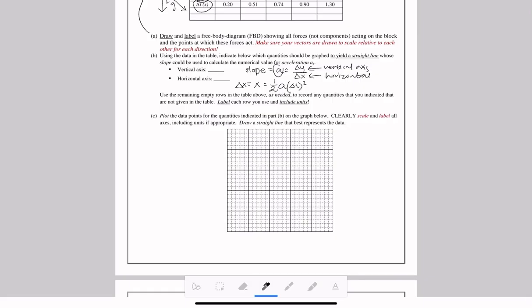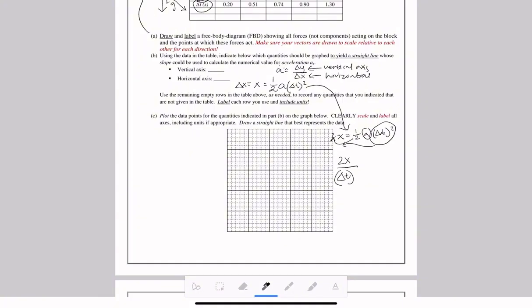Now we want to solve for A. I'm actually going to write it down here because there's more space. x equals 1/2 A delta t squared. I'm going to isolate for A, so I'm going to multiply the 2 up and then divide the delta t squared to the bottom.